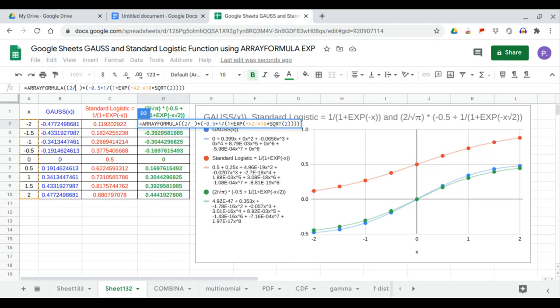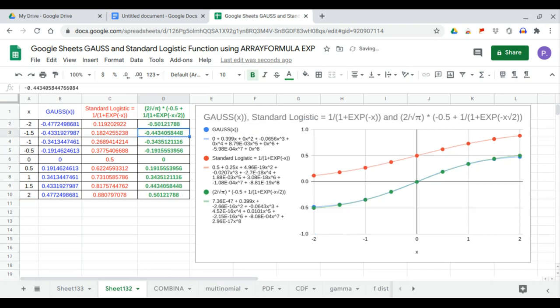Now the green line is on the blue line. So they are now on the same trend line and their data sets match closely to each other.